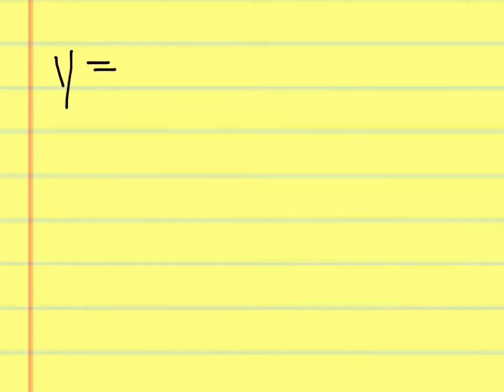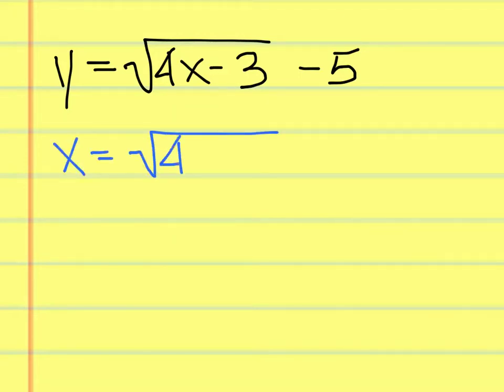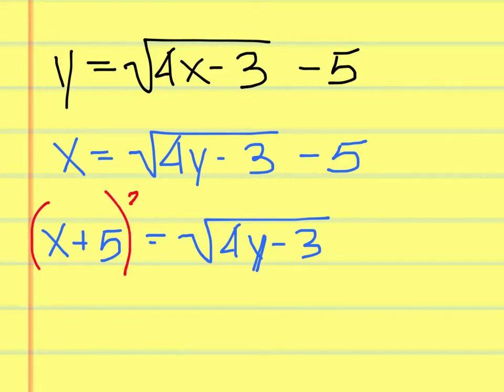We'll find the inverse of y equals the square root of 4x minus 3, and then minus 5. Notice the minus 5 is outside the square root symbol. Switch the x and the y. Now, the first thing we have to do is move the minus 5 to the left to make it plus 5. And then we have to remove the square root sign by squaring both sides.